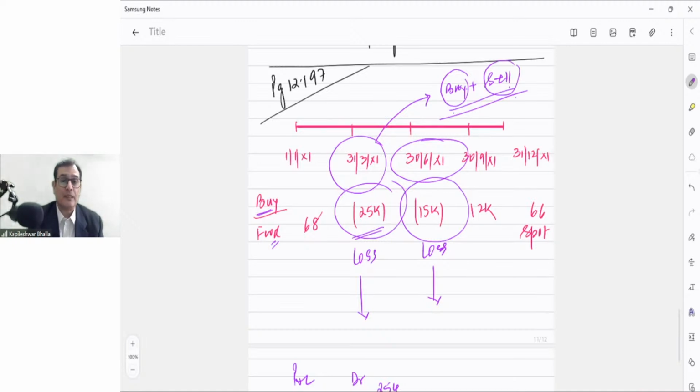From a loss of 25, it has reduced to 15, so if you compare the addition, there is a gain to the extent of 10,000, because this 25, this 15, and this 12 are the cumulative positions. We've already recorded a loss of 25, but now the total loss stands at 15. So there is a need to recognize a gain to the extent of 10.